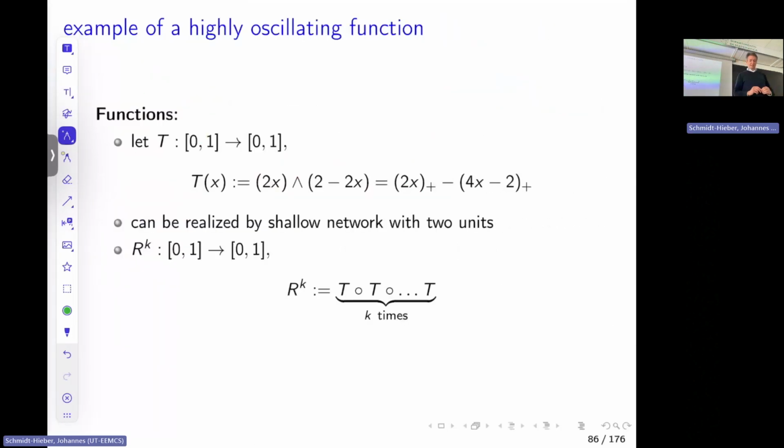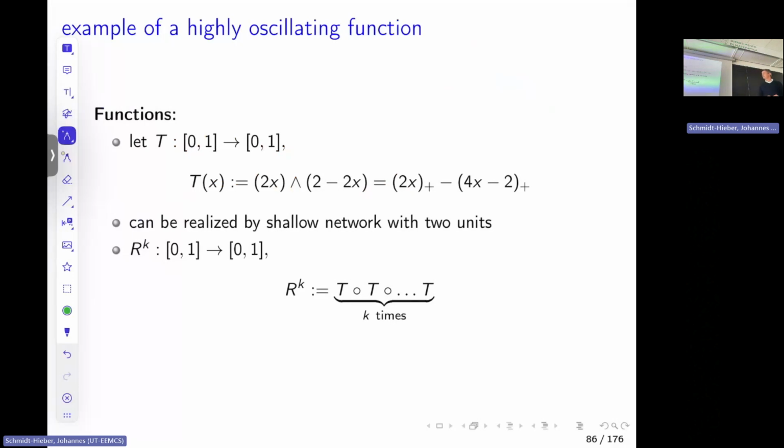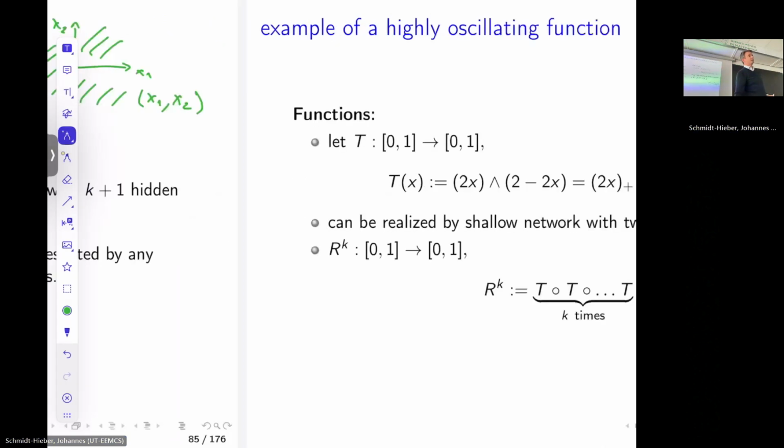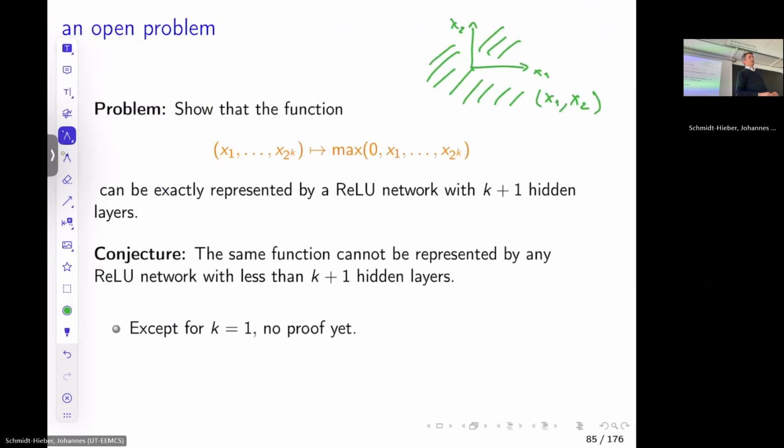Okay, here comes now an example of a highly oscillating function that you can build with a few parameters by stacking ReLU layers on top of each other. How does that function work? Yes.